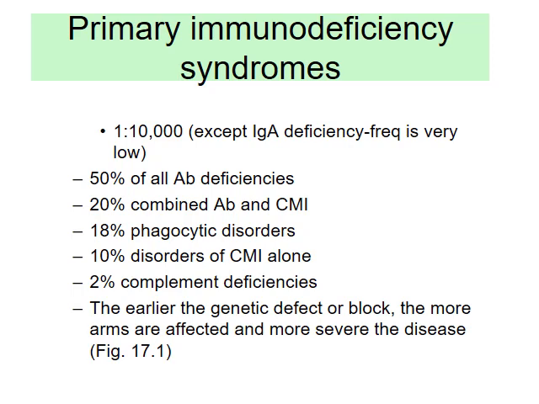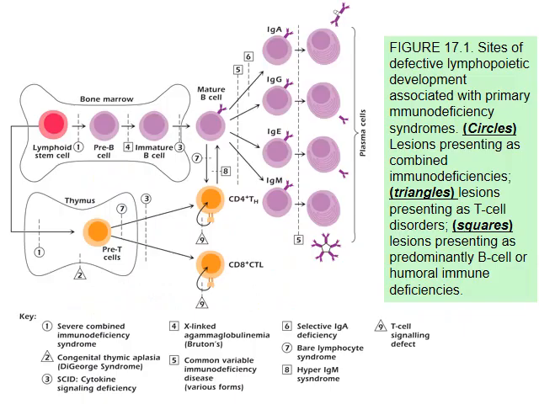But again, the most important thing is that 50% of all primary immunodeficiencies are coming from antibody deficiencies. And again, also keep in mind that other than IgA deficiency, the frequency is generally low because it is there in the kids.